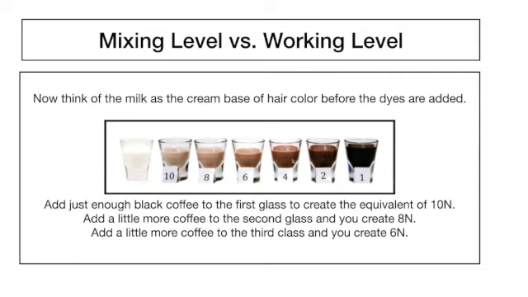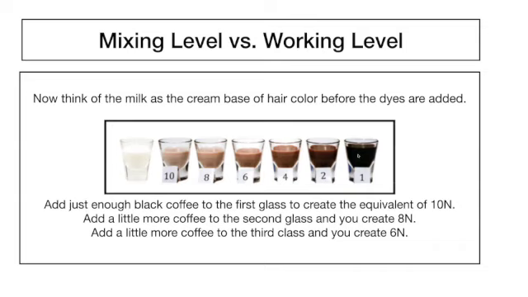We add a little more milk and it becomes light brown. We add more milk, it becomes blonde. You see what's happening here? The more clear or milk you add to a formula, it gets lighter and lighter. So think about this black color as pure PPD.